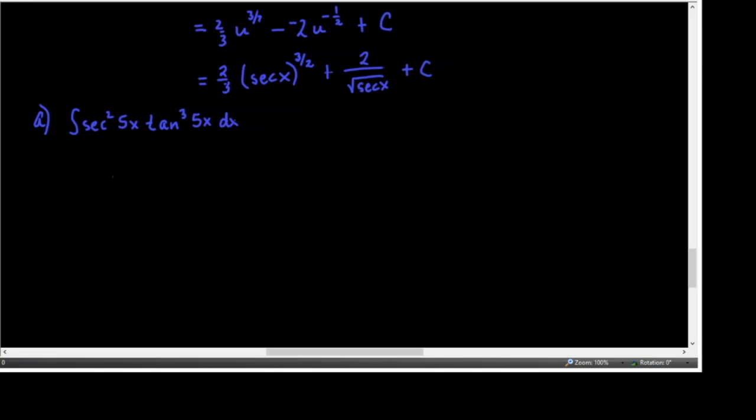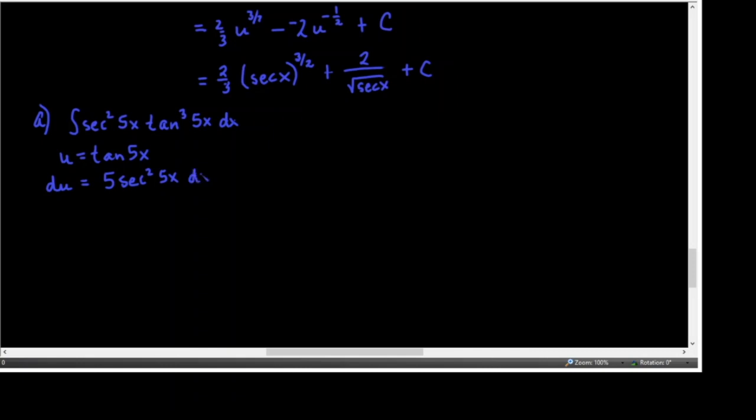So that means that if we directly make u the tangent of 5x, we already have most of what we need for du, because the derivative of tangent of something is secant squared of that something, then the chain rule kicks in, times the derivative of that something, derivative of 5x is 5, and then dx.